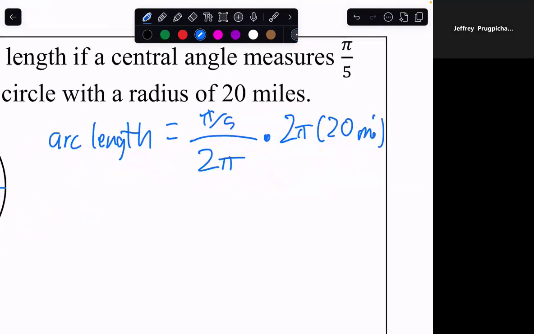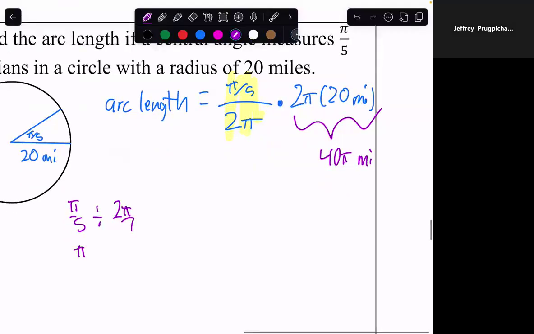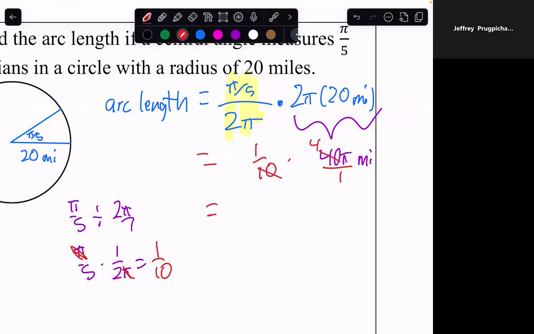So 2 pi times 20 would be 40 pi. These pi's are able to cancel out. So 1/10 times 40 pi, divided by 10, is 4 pi miles.